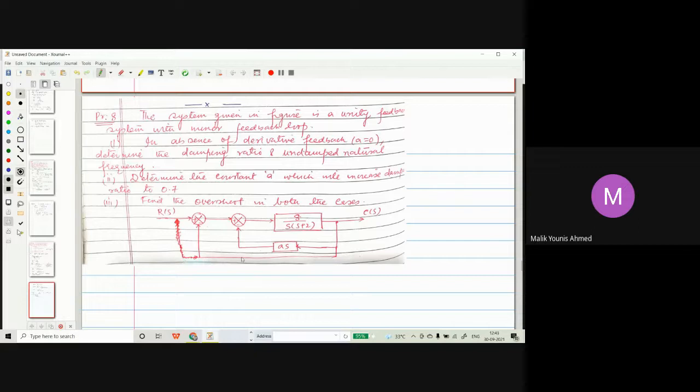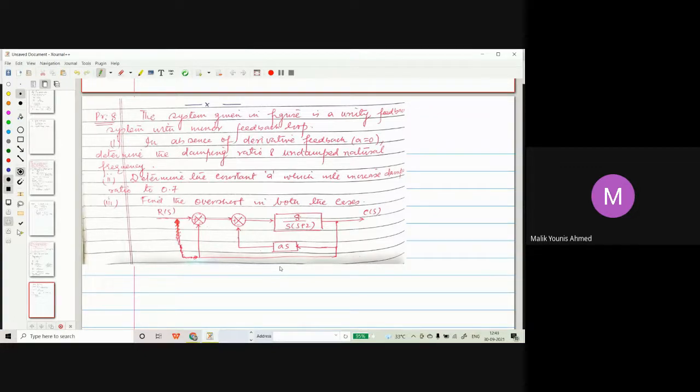So it is going from like this, the inner loop is there also. The system given in the figure is a unity feedback system, very clearly, because outside there is a unity feedback with a minor feedback loop. In absence of the derivative feedback, that means a is 0, determine the damping ratio and undamped natural frequency.